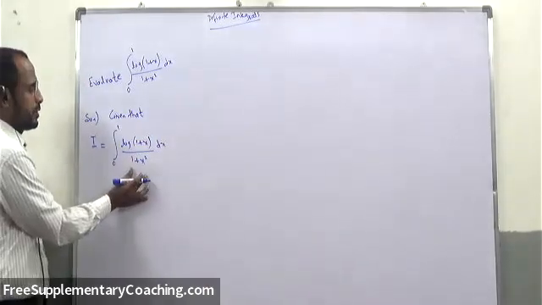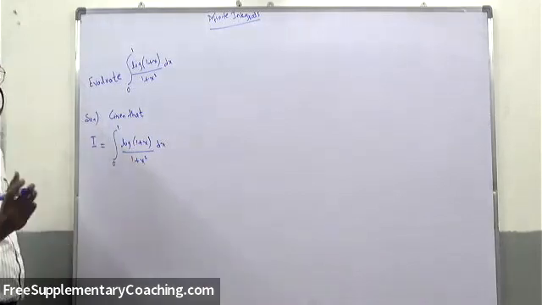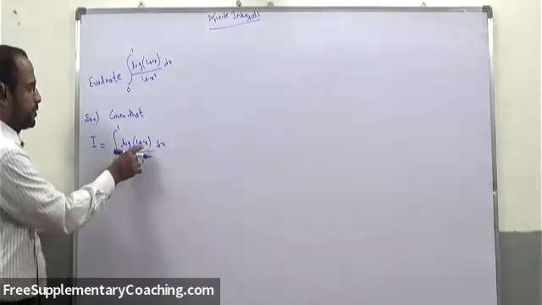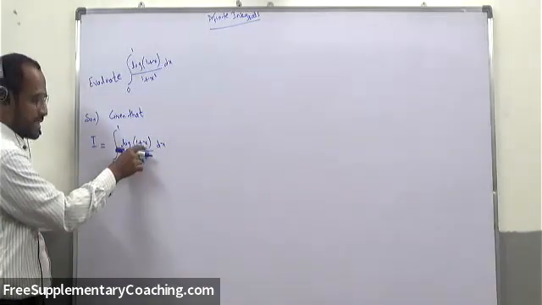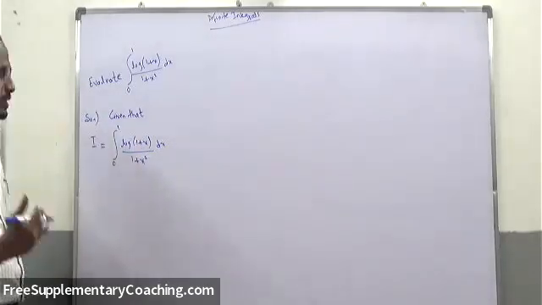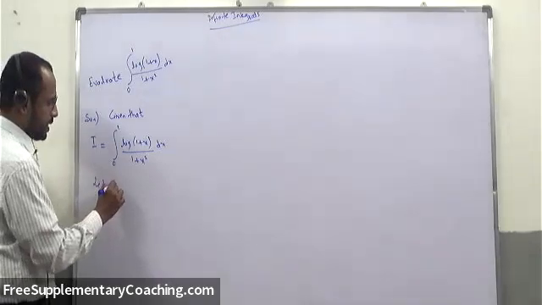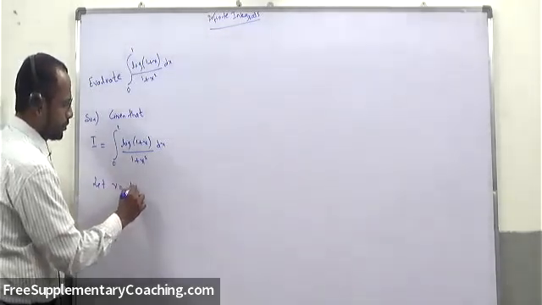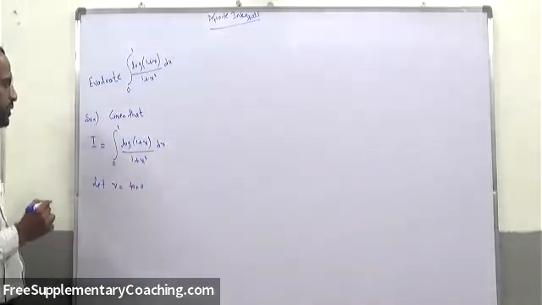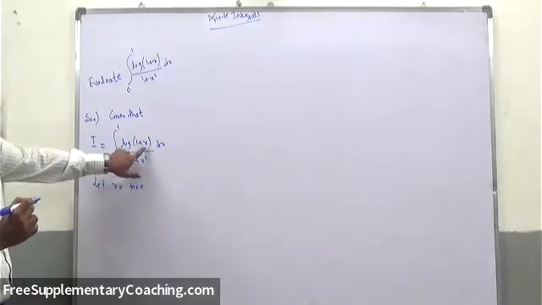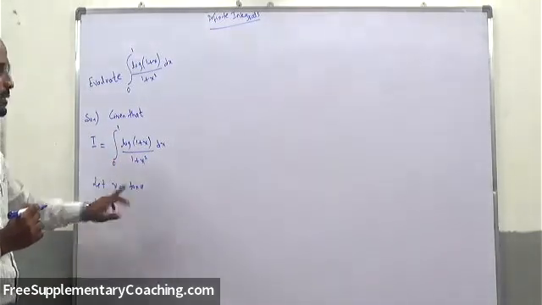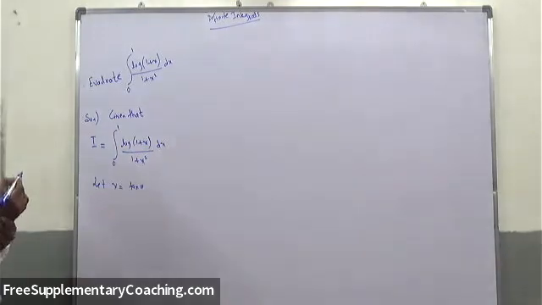This we will solve by using substitution. We will put some values for x. Let x is equal to tan theta. Whenever I am having x, I can use tan theta, as I am assuming.